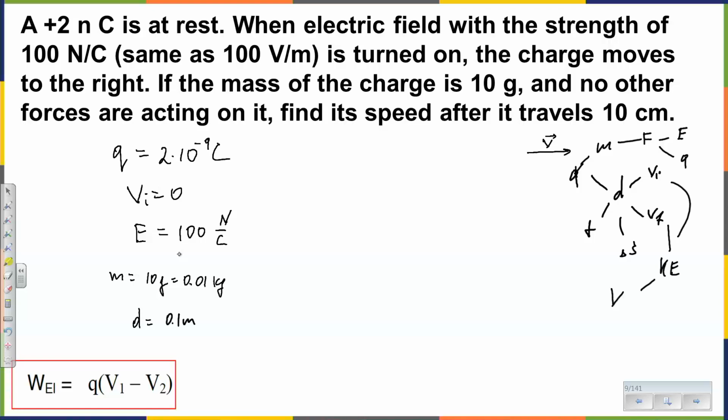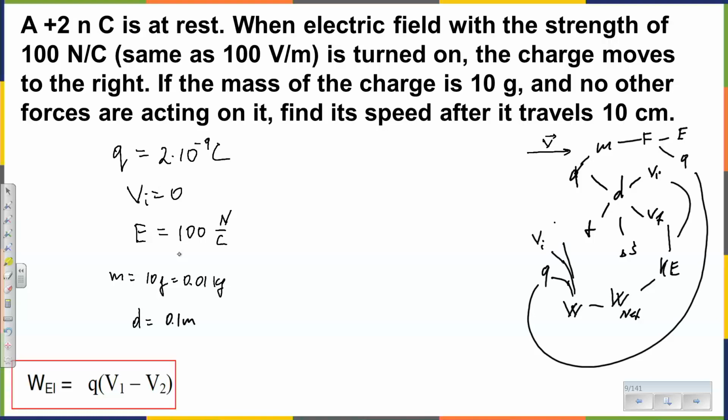Kinetic energy is related to work, well, net work is related to any individual work, and work is related to also a charge, same charge as here, but also related to initial potential and final potential, and those are also related to distance between the points and electric field, which is the same. So we've got so many equations available for us.